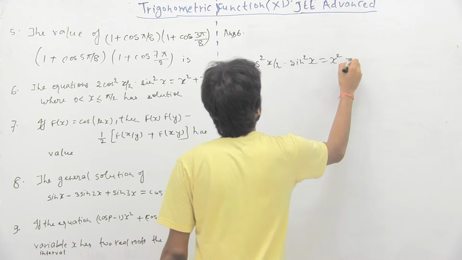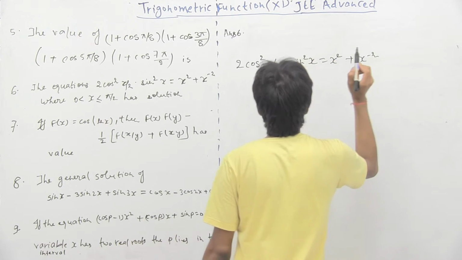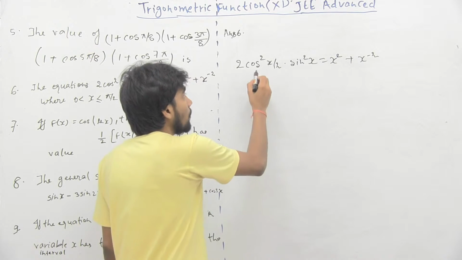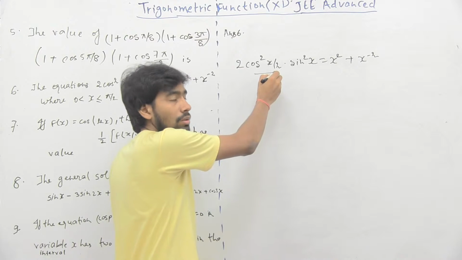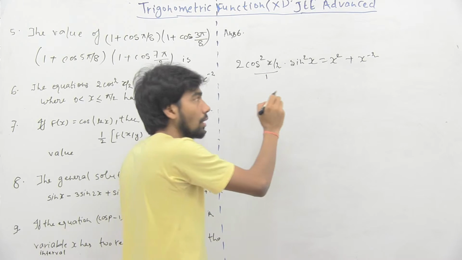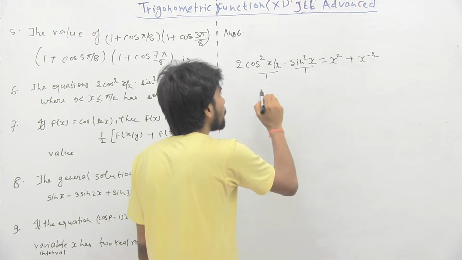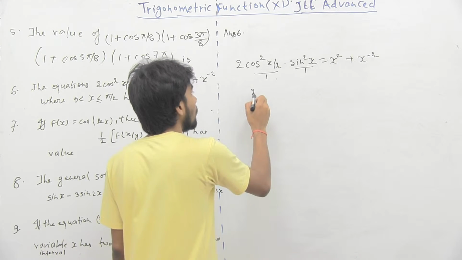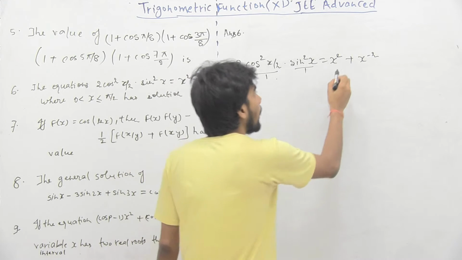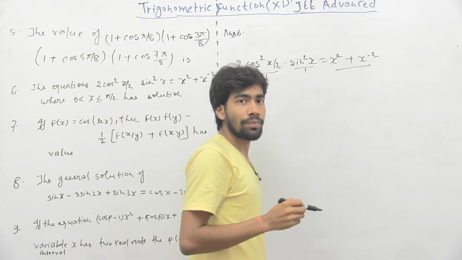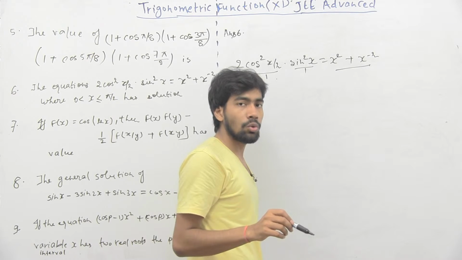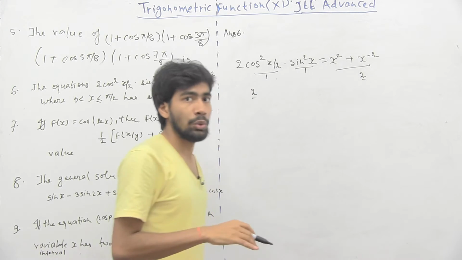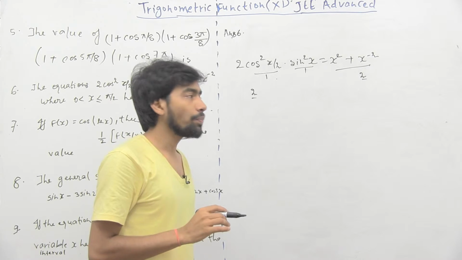Okay, so first find the greatest value. What will be the greatest value of cos square x by 2? It will be 1, and sin square x will also be 1. So its maximum value will be 2. And apply AM-GM to the right side: (a plus b) divided by 2 is greater than or equal to root ab. So it will have minimum value 2. It will always be greater than or equal to 2.